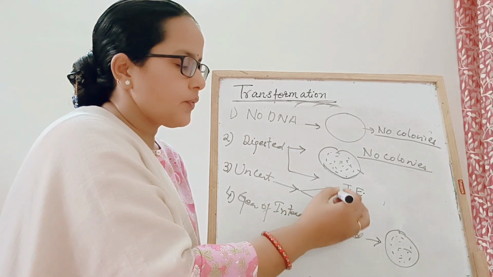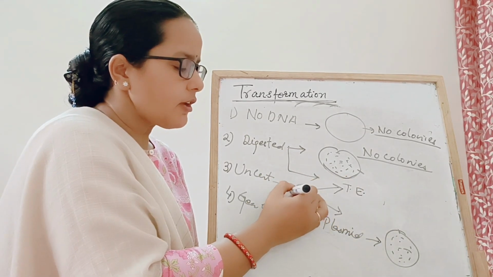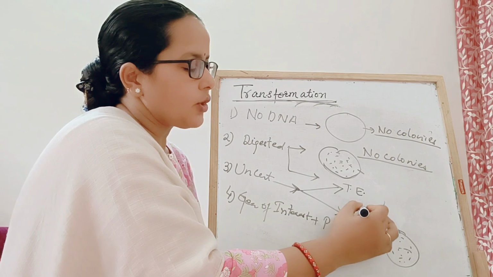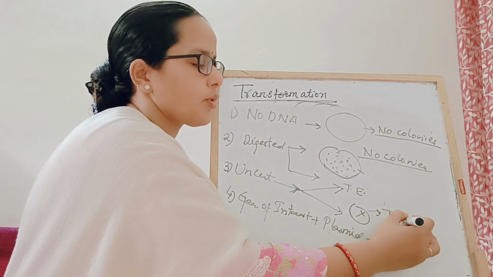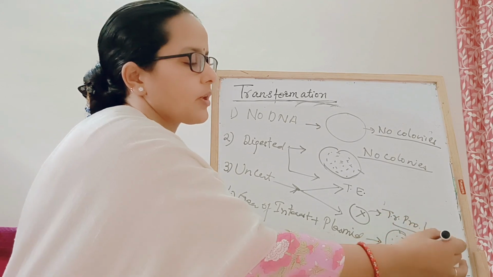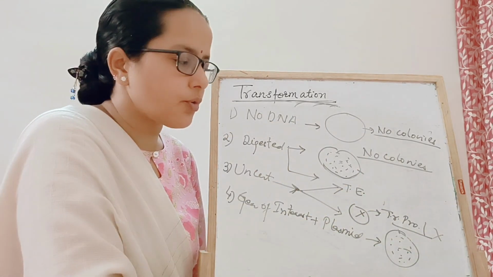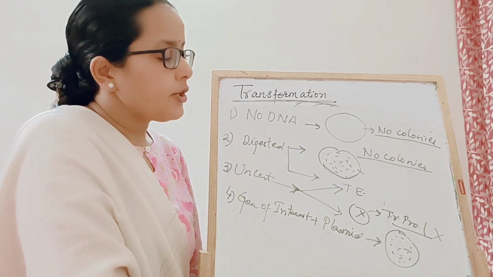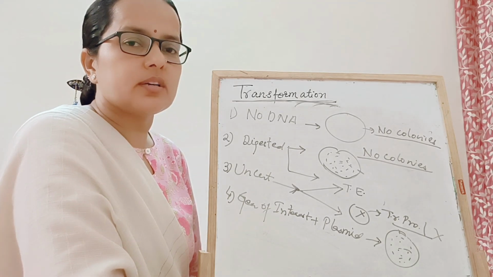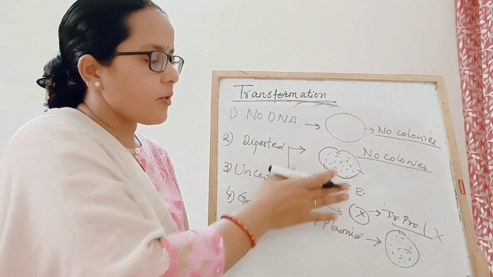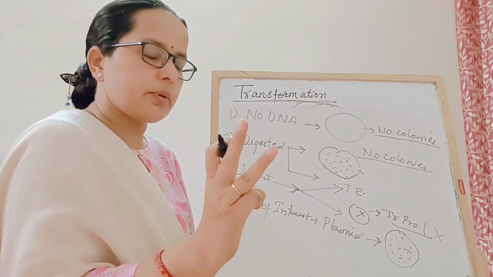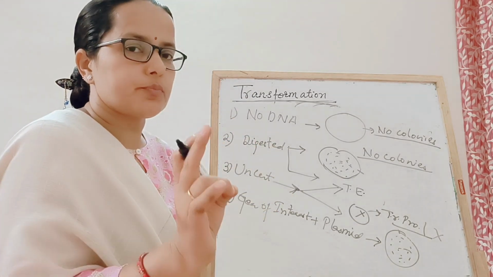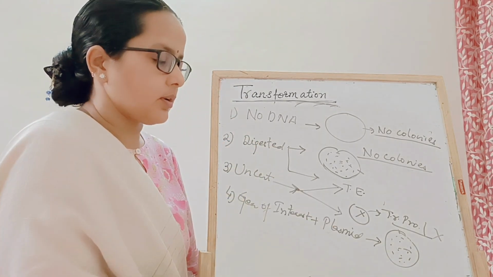And the second, if you do not get any colonies, then that means your transformation protocol is not okay, or your competent cells are not good. That's why your transformation failed. So uncut से आपको 2 चीजें पता चलेंगी, transformation efficiency and whether the transformation protocol is working fine or not.